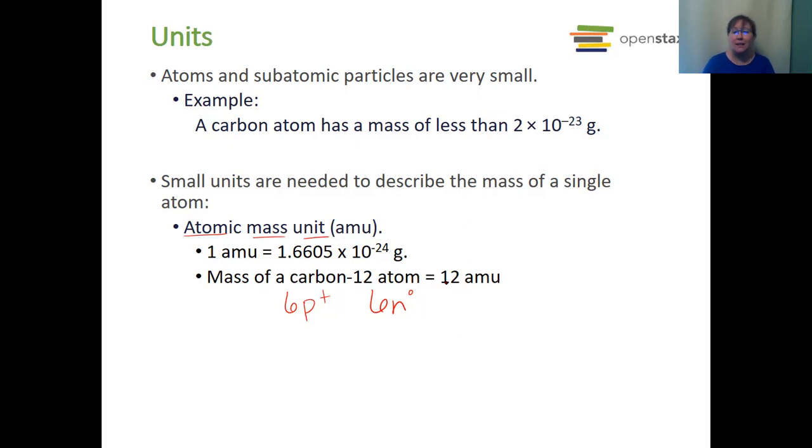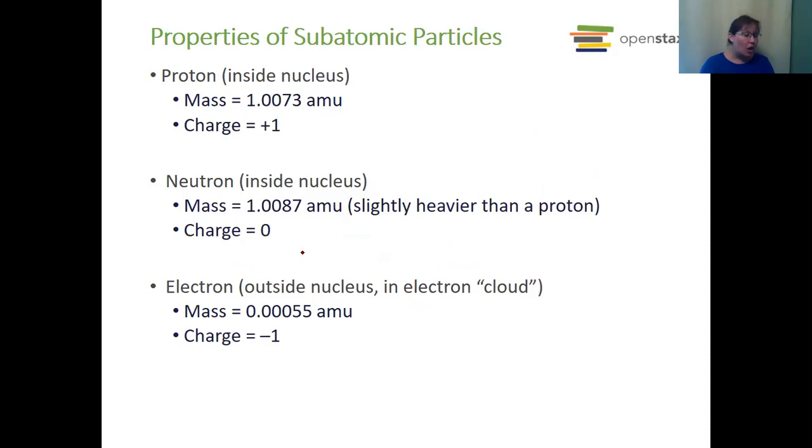Just to make things easy, let's define the atomic mass unit as 12 atomic mass units for 1 carbon-12 atom. What that means is that an atomic mass unit is equal to 1.6605 × 10⁻24 grams. But it gives us a way to talk about the mass of a single atom without it not making any sense at all.